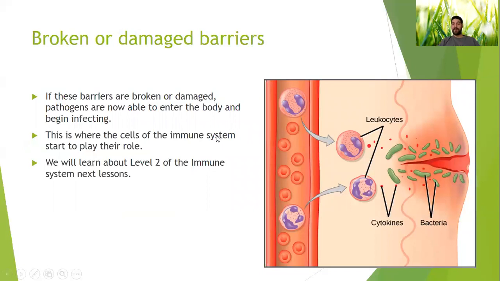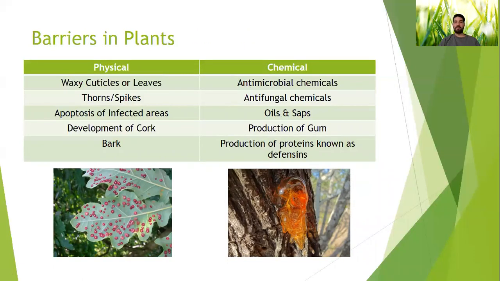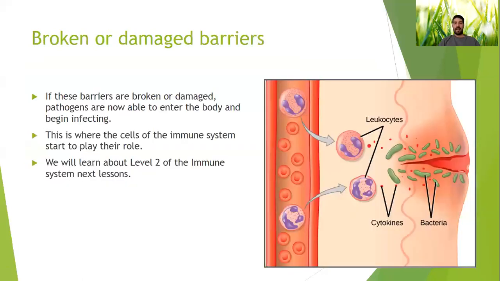So if these barriers don't work, that's when we start to see some of the cells we're learning about of our immune system work. Now, plants don't have an immune system, so they're relying on these barriers here to try and help them fight off infections. Luckily, in animals, we've got that next level of complexity with our immune system. And so you can see in this diagram, if that barrier is broken, you've got a cut on your skin, or you've maybe got an infection site, those bacteria or viruses or fungal infections are going to try and move into the body.